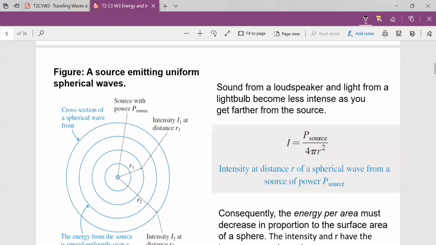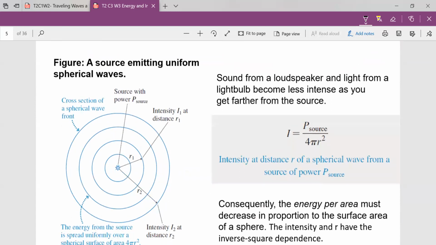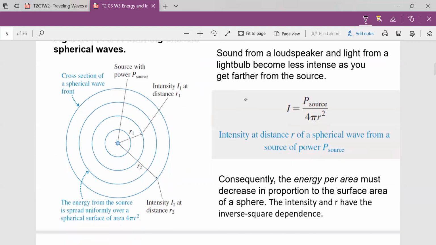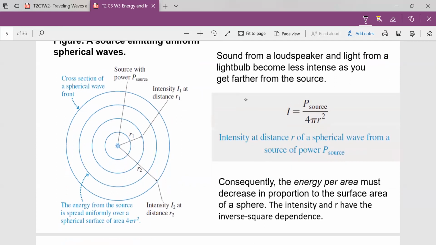So looking at a source emitting a uniform spherical wave, I'm still discussing circular, spherical, and plane waves. If we have a source emitting a uniform spherical wave, the sphere is similar to a circle, but a little different from a circle, okay?